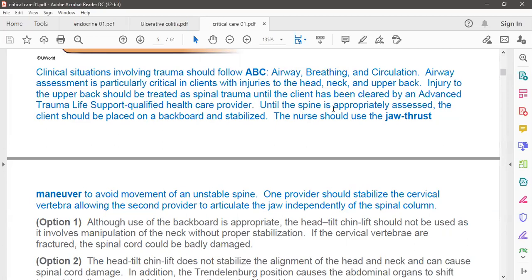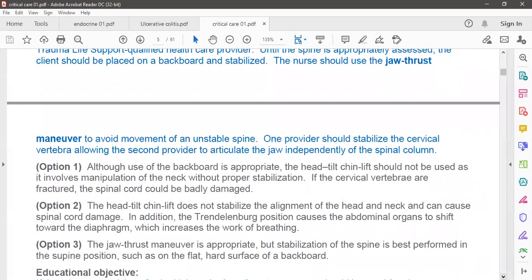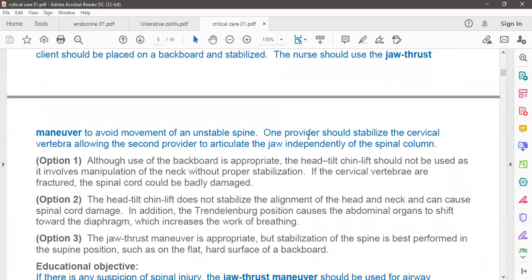Until the spine is appropriately assessed, the client should be placed on a backboard and stabilized. The nurse should use the jaw thrust maneuver to avoid movement of an unstable spine.